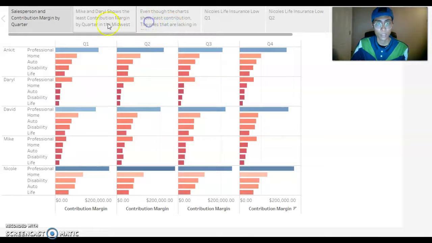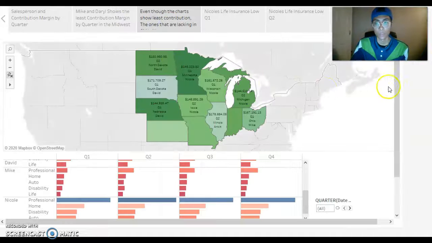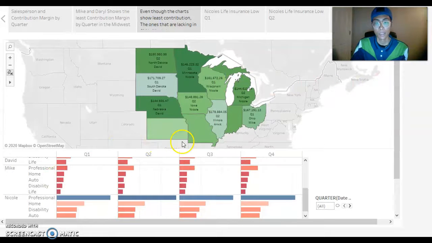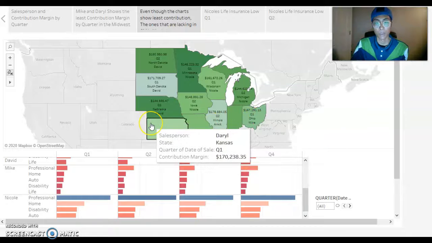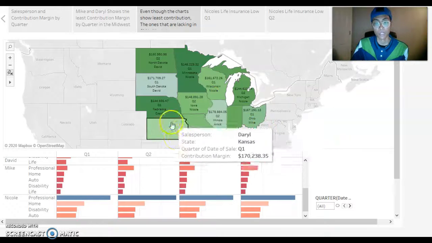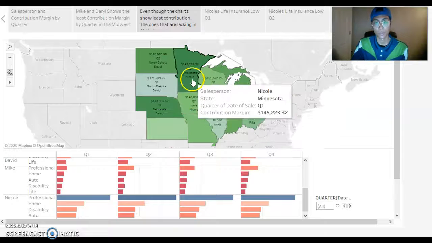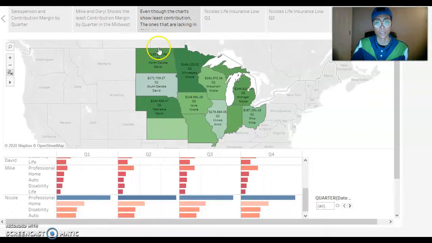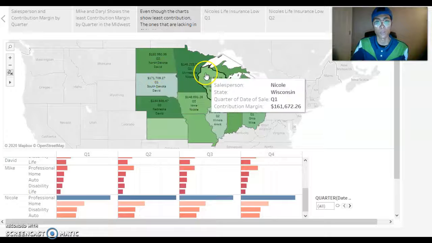And then this, even though it showed the lowest contribution, it was still very confusing as to why Mike and Daryl both had very high numbers within their individual states, as opposed to Nicole's numbers and one of David's, even though David's 2 other states are actually doing very well.